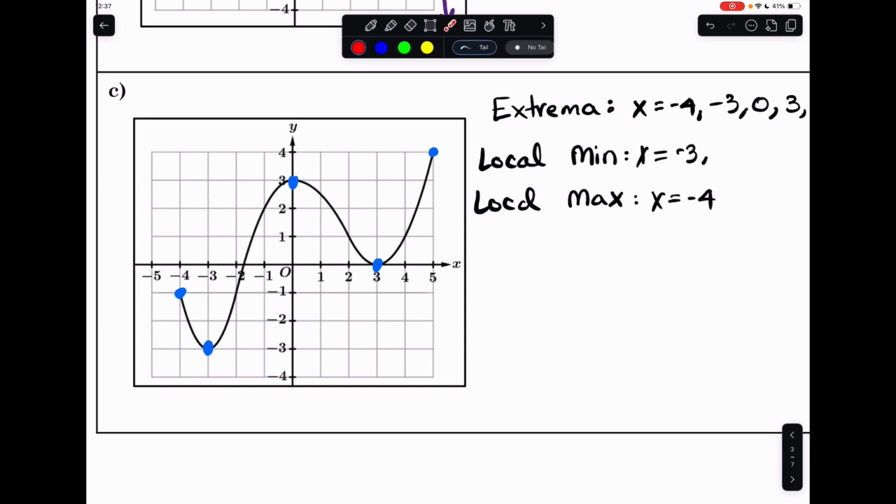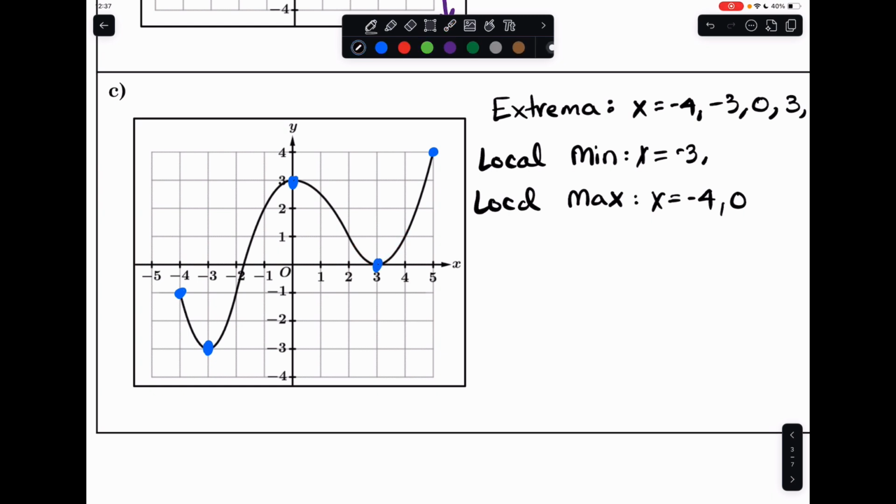Now we have a local max because we're going up, reach this maximum point and then go down. So that's a local max. We're curving downwards, and then we're reaching this point right there and changing direction and going back up. So this is changing direction from down to up, so that's going to be a local min.